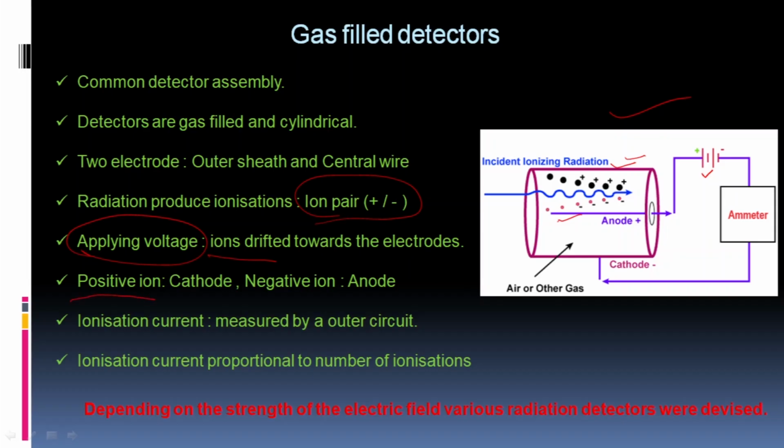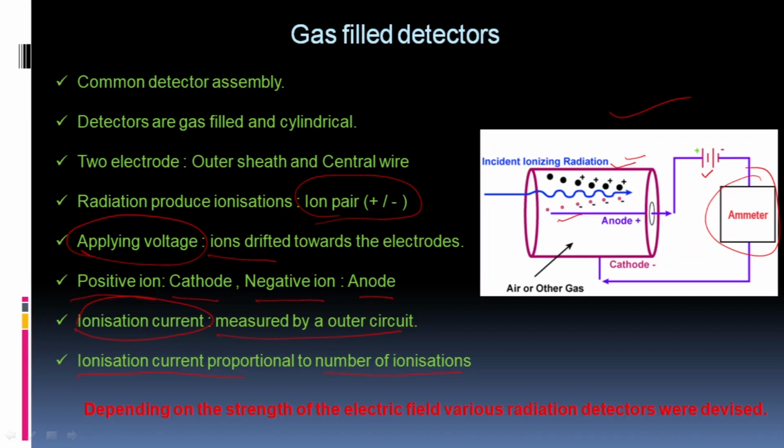Positive ions go to the cathode and negative ions go to the anode, and we get an ionization current because of this drift. This can be measured by an outer circuit, an ammeter, and this ionization current is proportional to the number of ionizations.